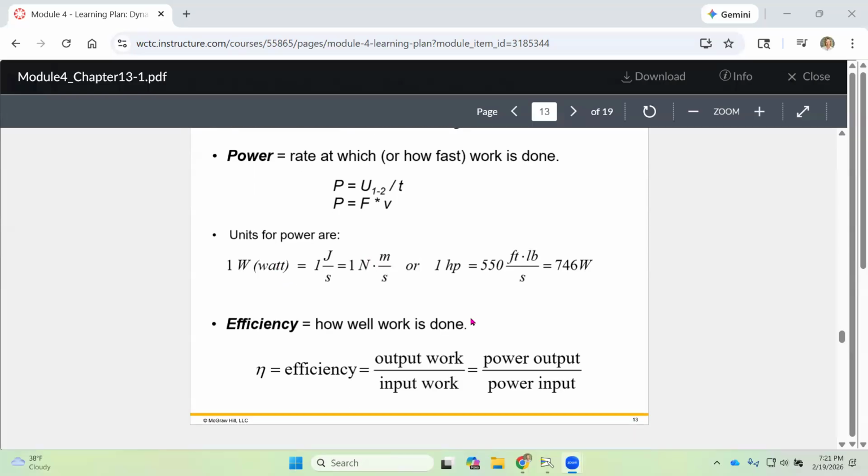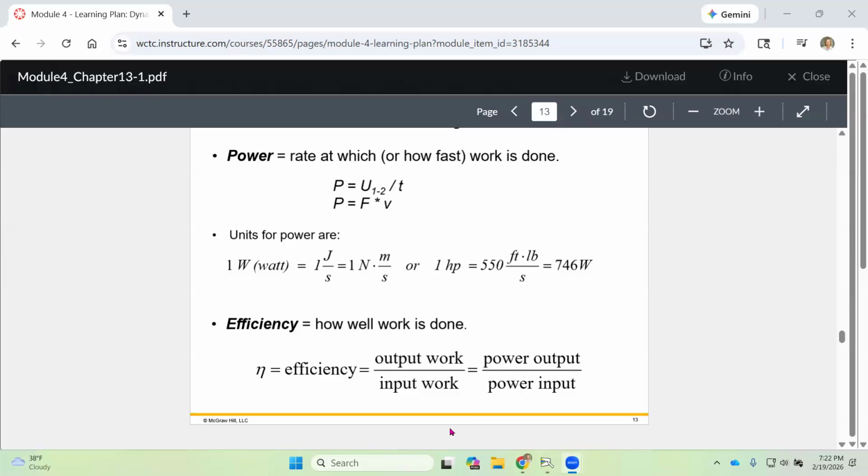Now, lastly, we're going to be touching on efficiency as well. Efficiency is how well work is done. So what we do for efficiency is we determine what is the output work? So how much usable work did I get out of our system? And we divide that by how much work did we put in? Okay. And by doing that, we're going to get a decimal number.